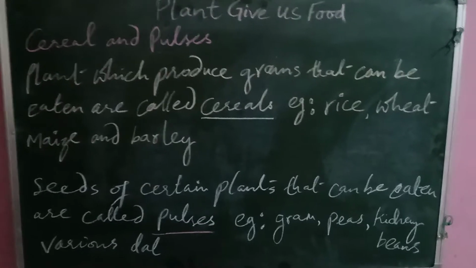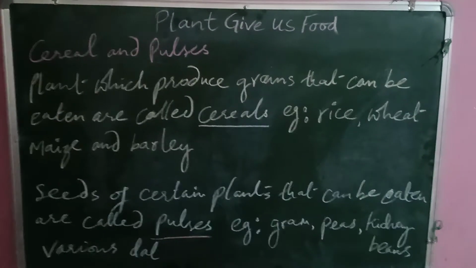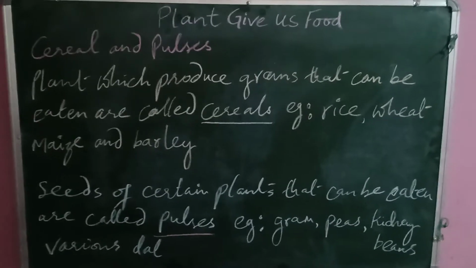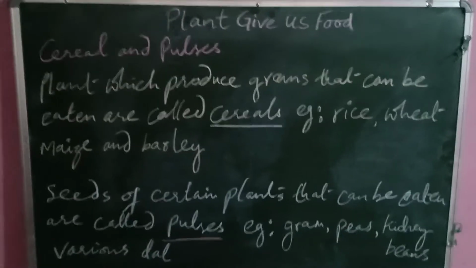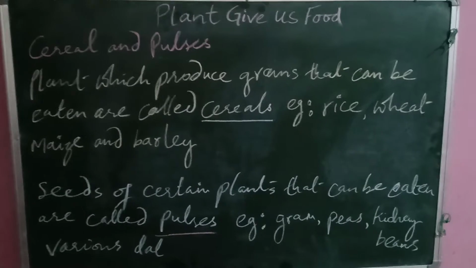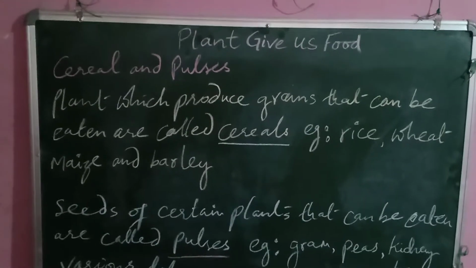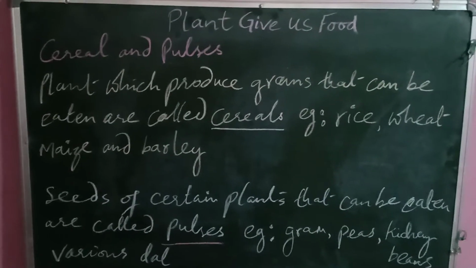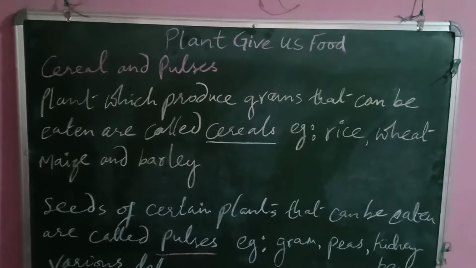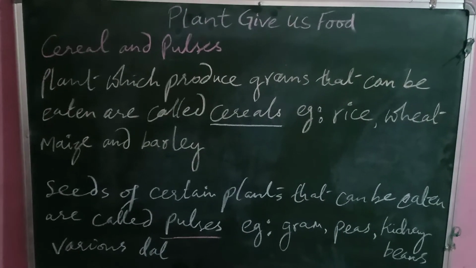As you know, we eat atta, maida, flour. These all come under cereals. These are powdered forms of cereals which we also eat or use as food. And these are actually food grains produced by the plant and can be eaten as cereal.